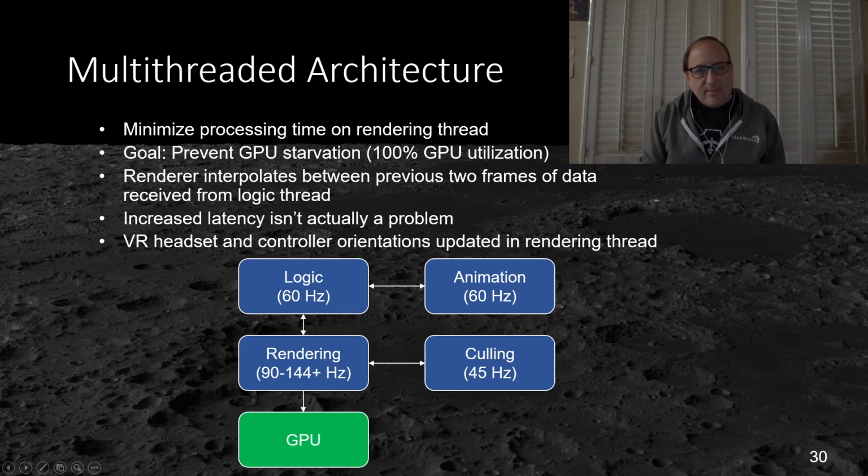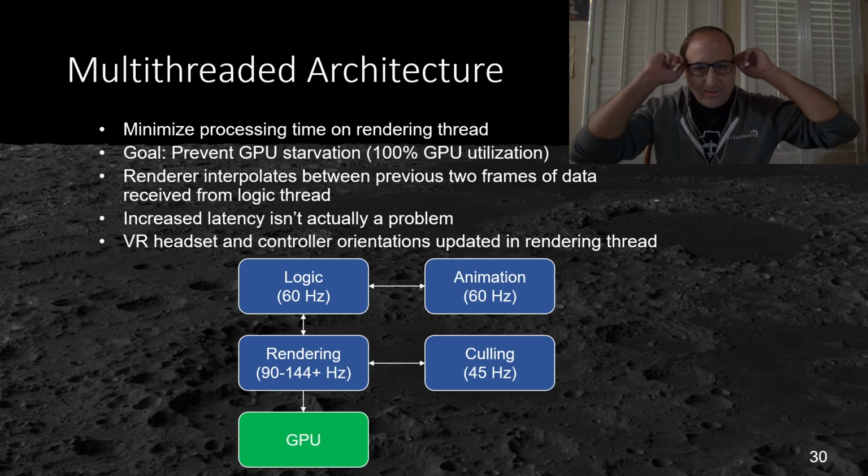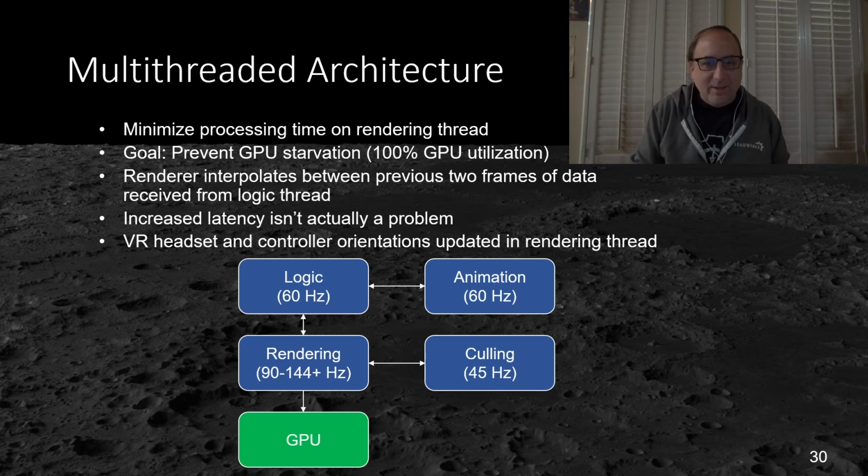To do this, I came up with a multi-threaded architecture that looks like this. The logic thread, this is where all your video game code lives. This is the thread that you actually interact with, and you've got a full 16 milliseconds for your code to execute on that. Animation is done on a separate thread or multiple separate threads, and the reason for this is because I like zombie games.